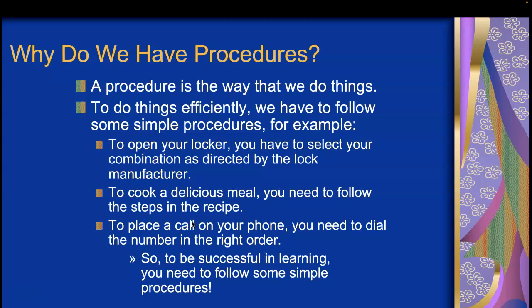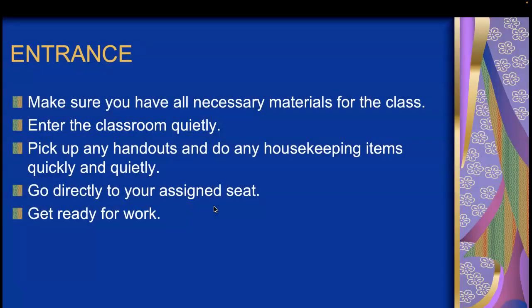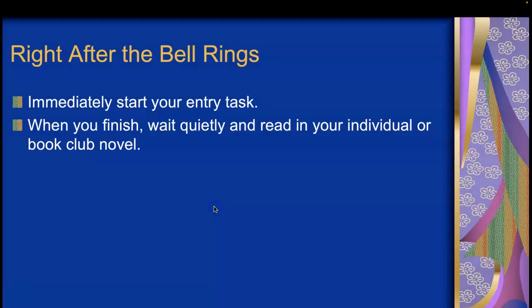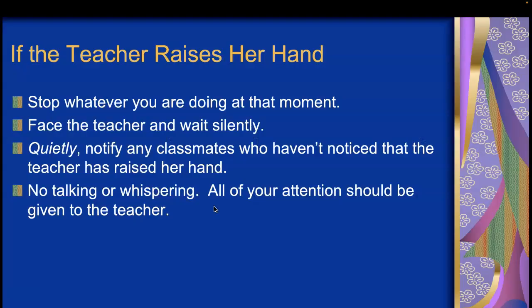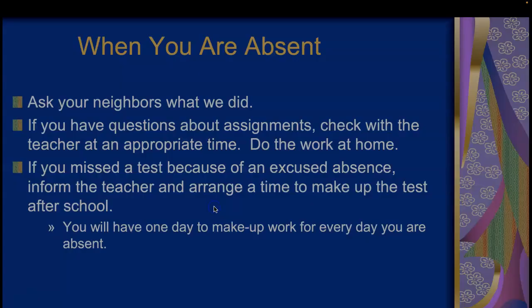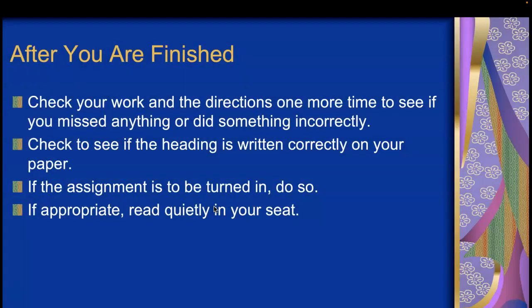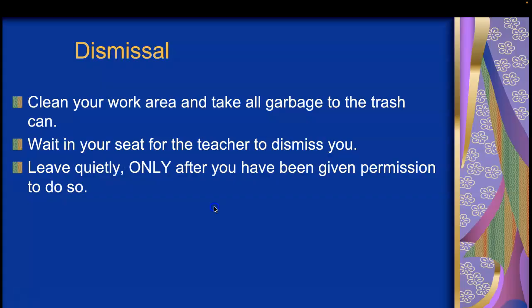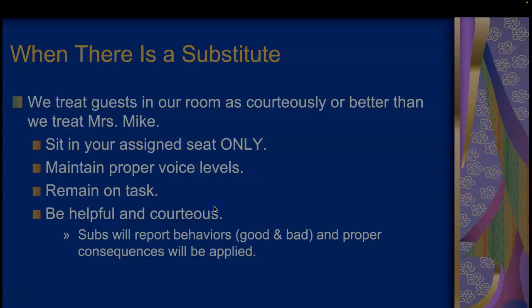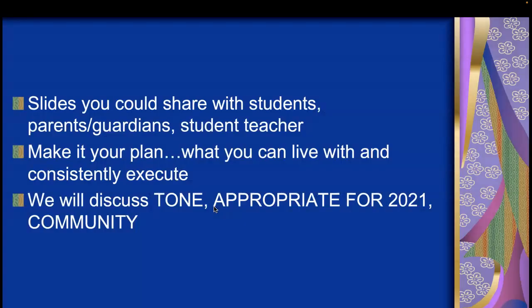But there are procedures here, and I'm just going to flash through them. You can go back and look at them individually. This will be a great way for you to consider your own policies and procedures as you are creating your classroom management plan. And there was her final thought.